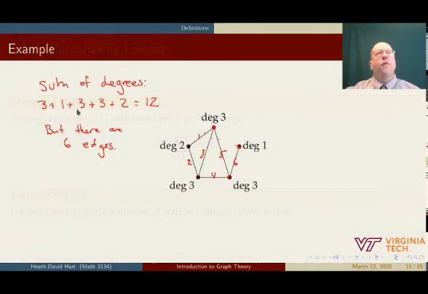And in order for this sum to be an even number, the number of odd entries has to be even, because if there were an odd number of odd entries in this list, the total would be odd. And so I have 4 vertices with an odd degree. So the number of vertices that are odd is even.